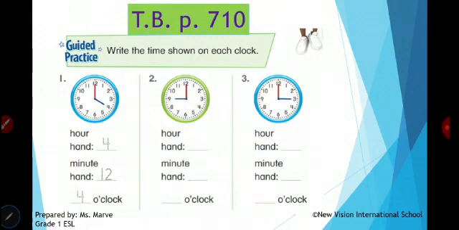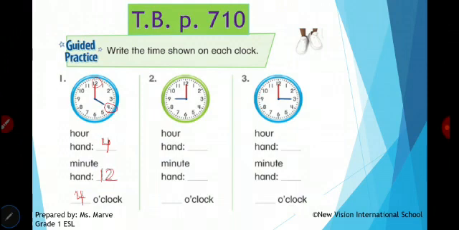On number 1, you can see that the hour hand is 4. So you can write 4 down here. And the minute hand is pointing to 12. So you can write here 12. And when you read the clock, it is 4 o'clock.